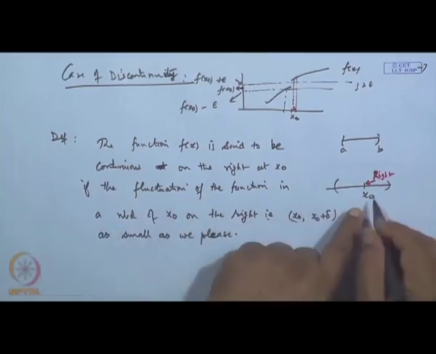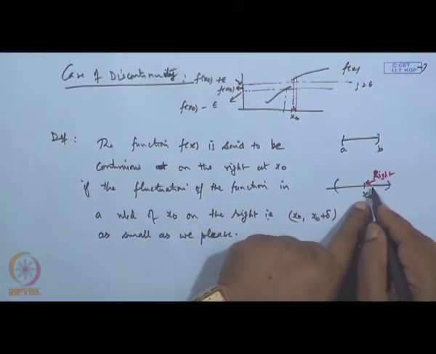Then we say the function is continuous at the point x naught from the right hand side.